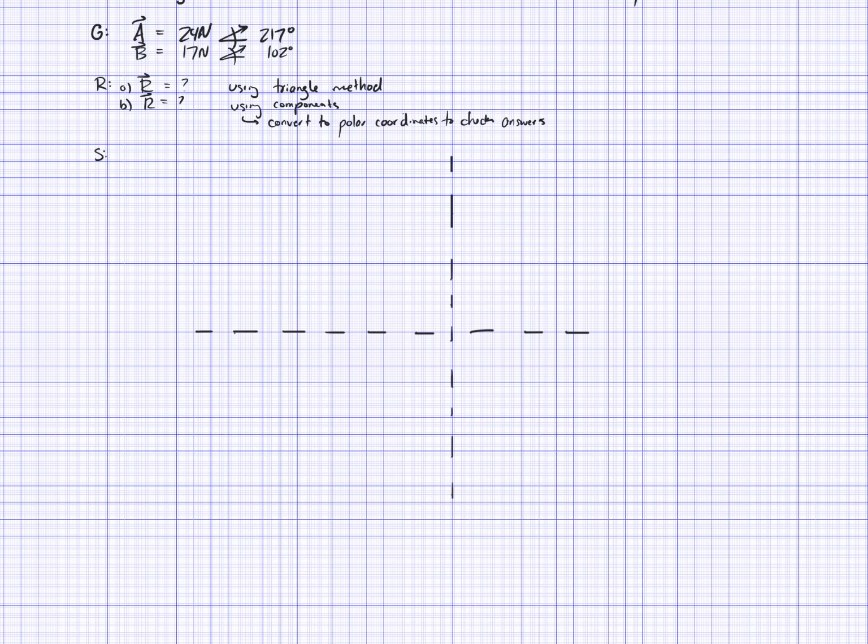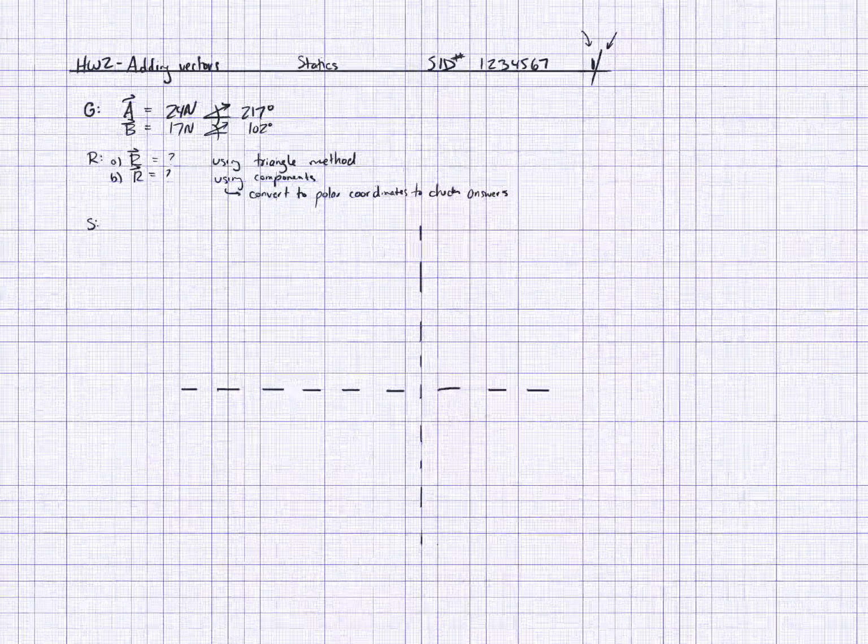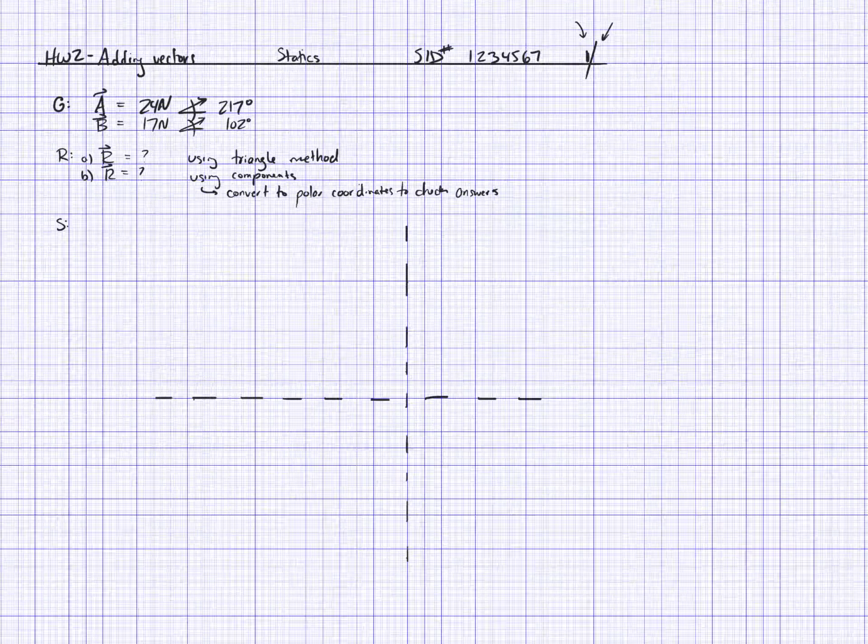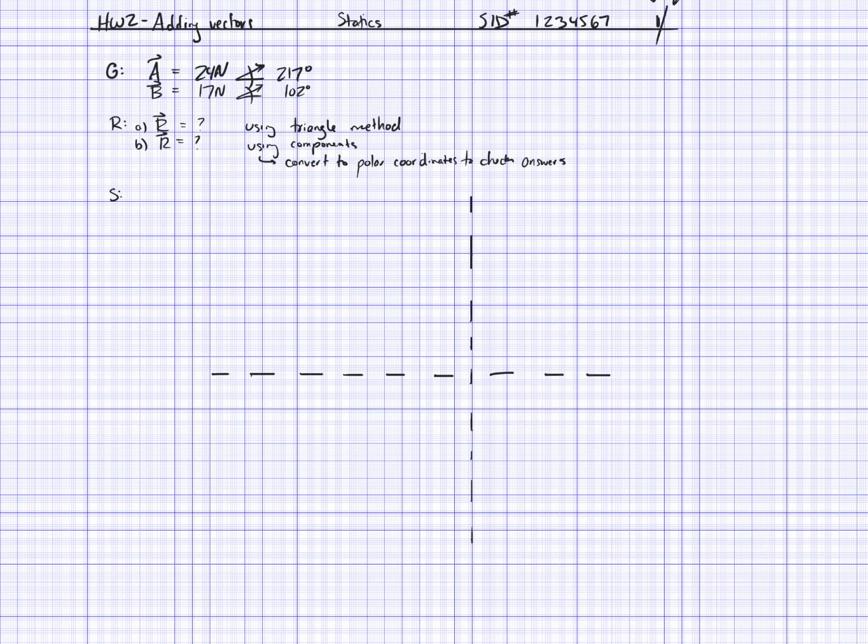All right, so let's see here. Vector A, 217 degrees. If we start here, we're going to go 90, another 90, so that's 180. And now we need to go 37 degrees. Now, I don't have a protractor, so this is totally just going to be a guess. I'm going to go like this.